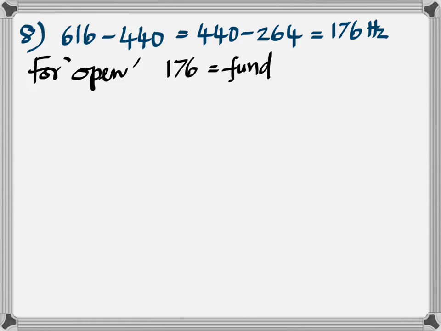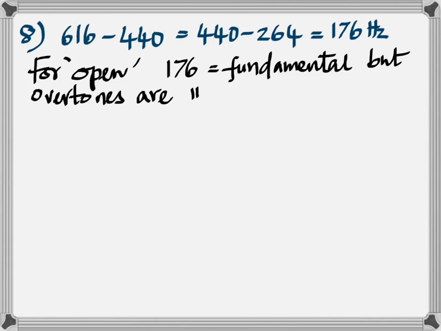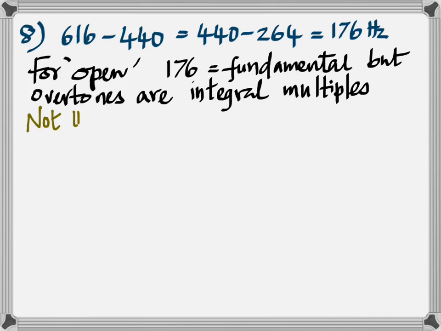For an open pipe, 176 could be the fundamental, but overtones are integral multiples, right? Do you get those three numbers as integral multiples of 176? No. That's why it's not an open pipe. I'm trying to prove that it's not an open pipe.